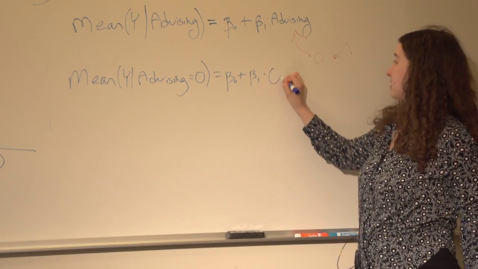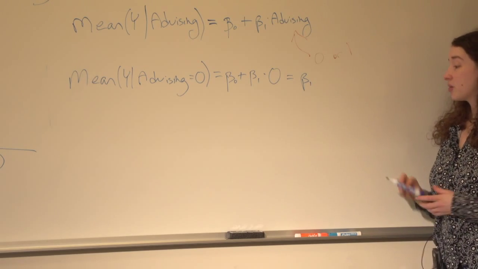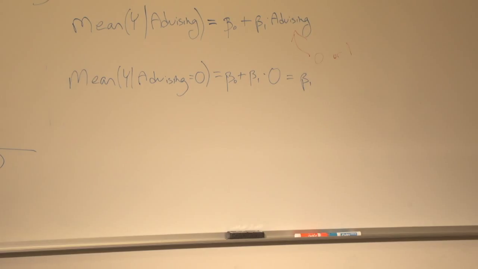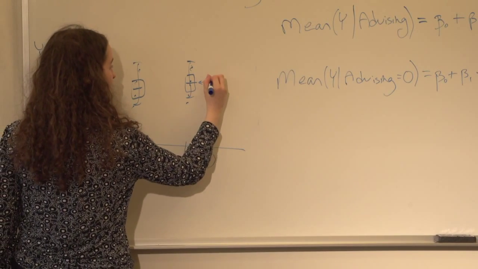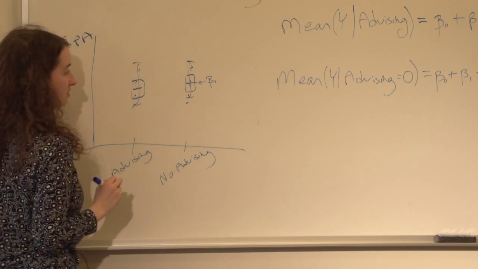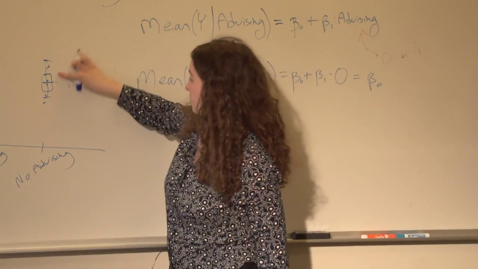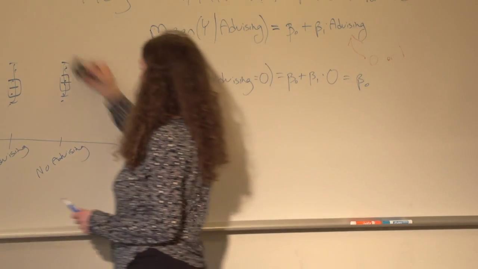The student didn't have any advising. In other words, I'm calling the mean of all the no advising GPAs beta 0. Sorry, let me just do it again and delete these as well.